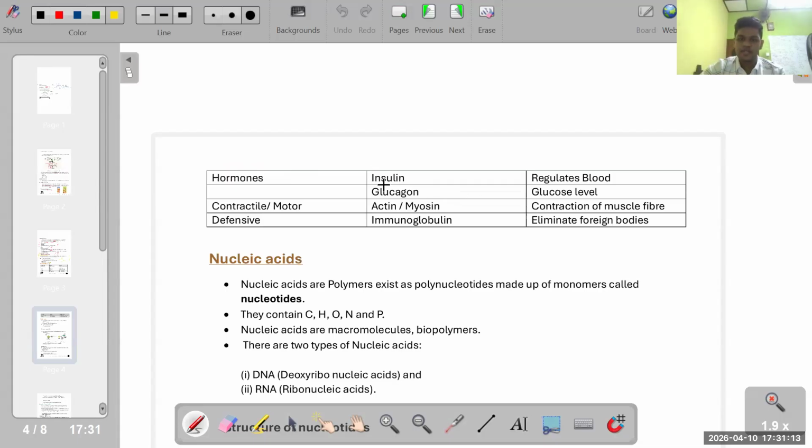Why? Because insulin reduces the blood glucose level. Glucagon increases the blood glucose level. Now, don't think glucose is a bad thing. When the glucose level in the blood decreases below the normal level, glucagon increases it, regulating it. So insulin and glucagon are involved in regulating glucose levels.